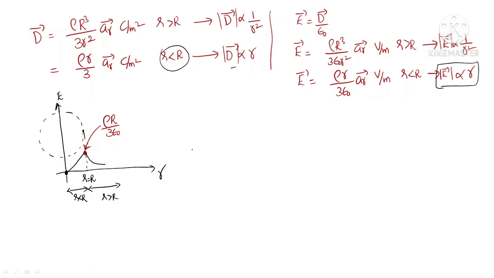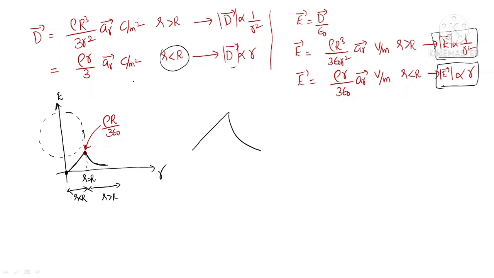Up to the surface of the sphere, the field will increase linearly, and from the surface of the sphere, it gradually reduces because E is inversely proportional to r square. So you have the plot like this: linear increase, then decrease like this.